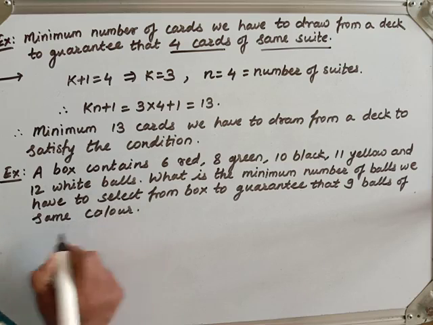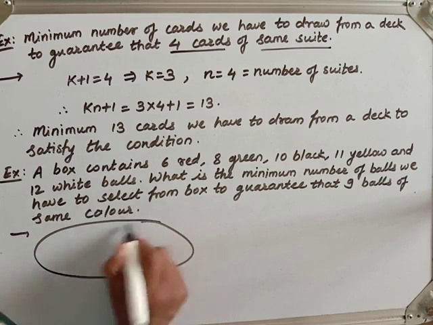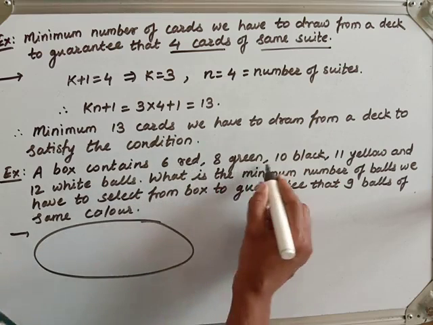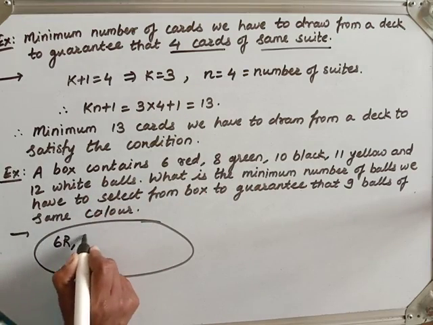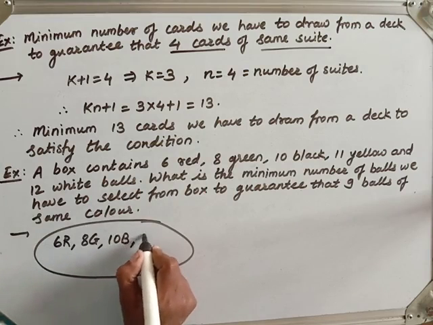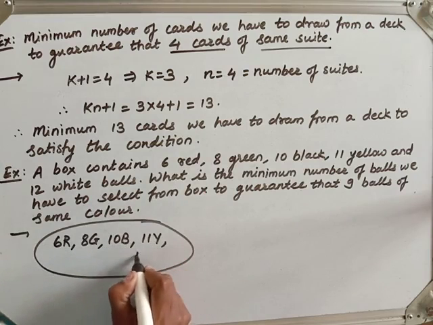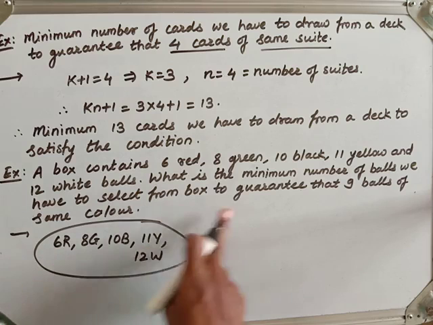Now here, how many colors do we have? There are a total of 5 colors. 6 are of red color, 8 are of green color, 10 are of black color, 11 are of yellow color and 12 are of white color. Now if we draw all 6 red, then it doesn't satisfy our condition.